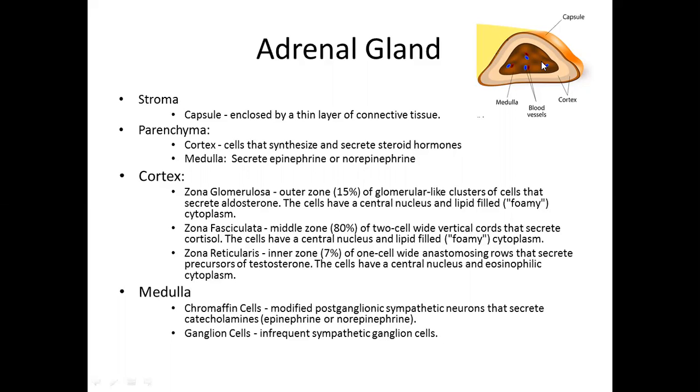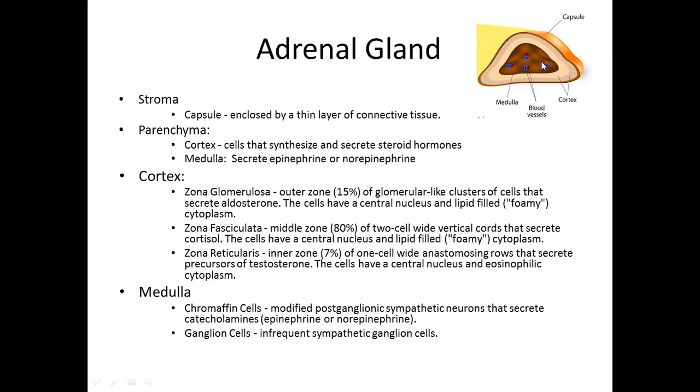If we look at the zona glomerulosa, this zone has glomerular-like clusters of cells, and they are responsible for the secretion of aldosterone. These cells have a central nucleus, but a very characteristic feature is that they have a foamy, empty-looking or lightly stained cytoplasm.